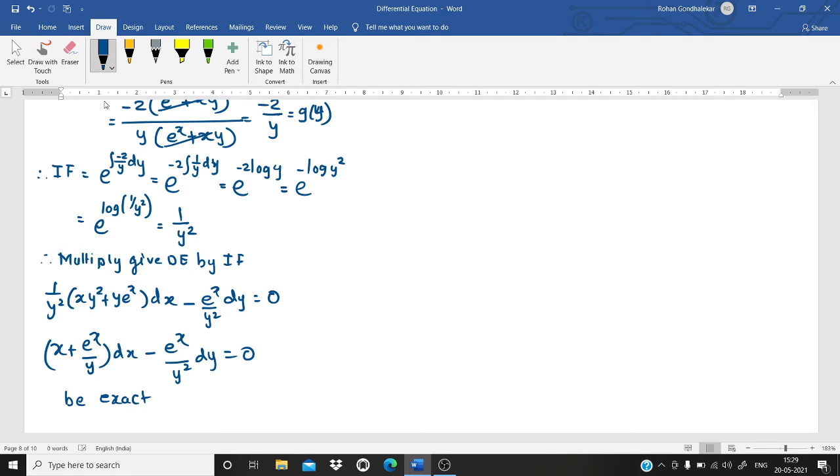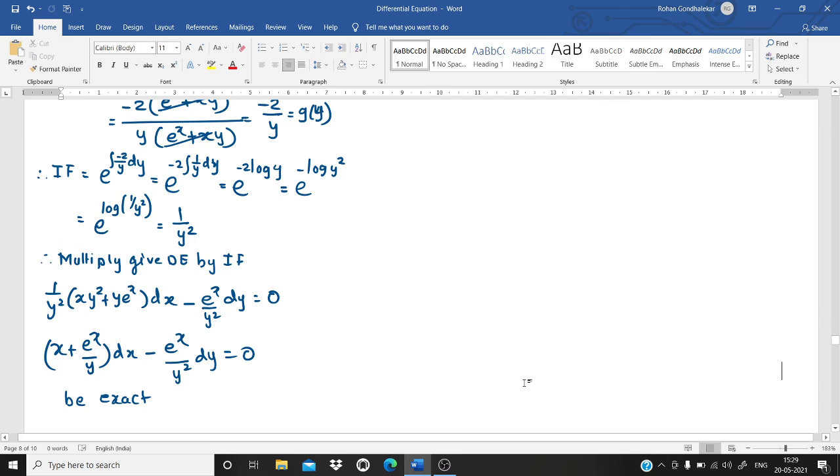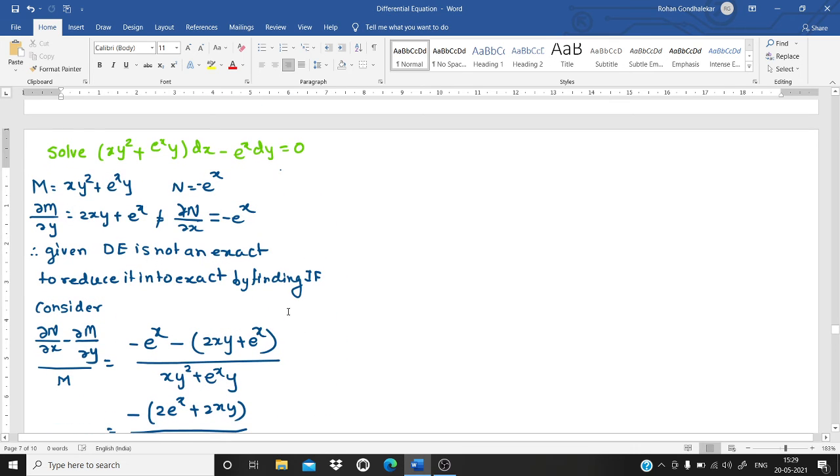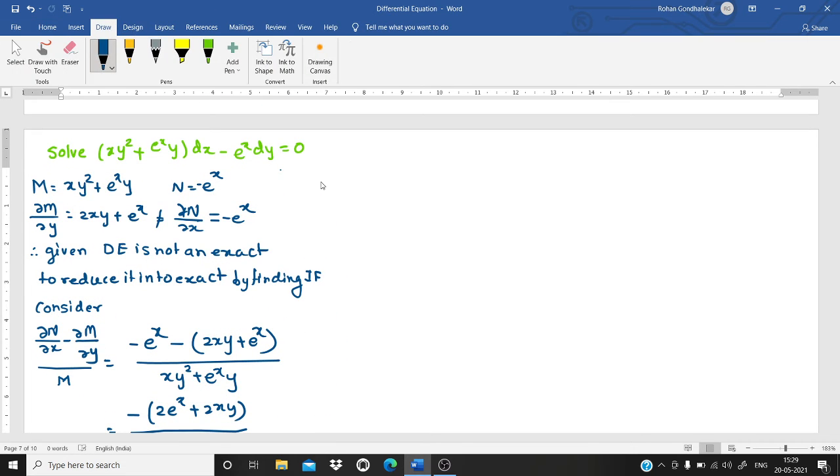It is exact. Okay. Now the solution is, what is the solution? Therefore, the solution is integral m dx plus integral of n minus del by del y of integral m dx, where the integration is with respect to y, equals to c.